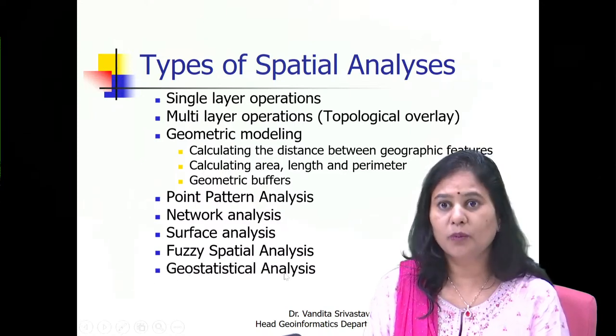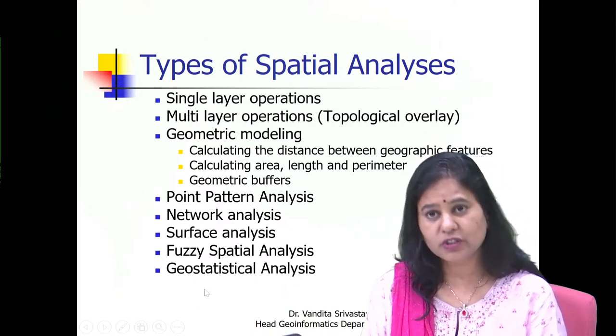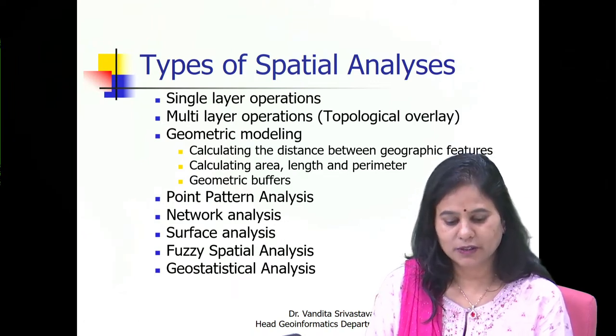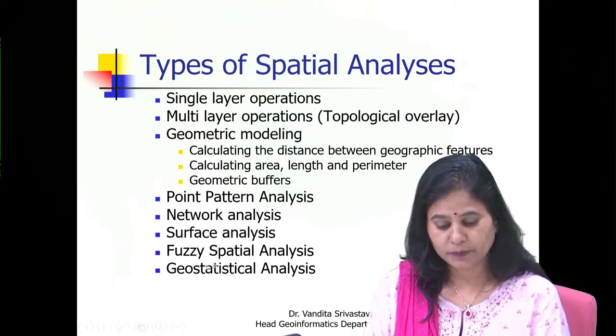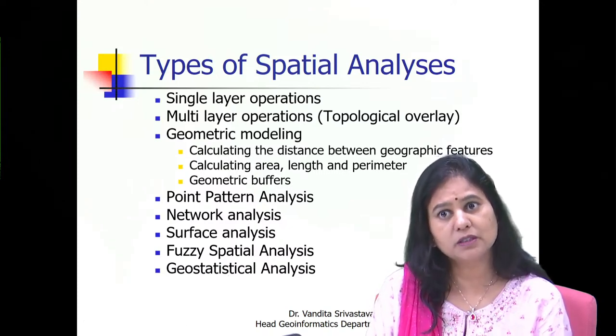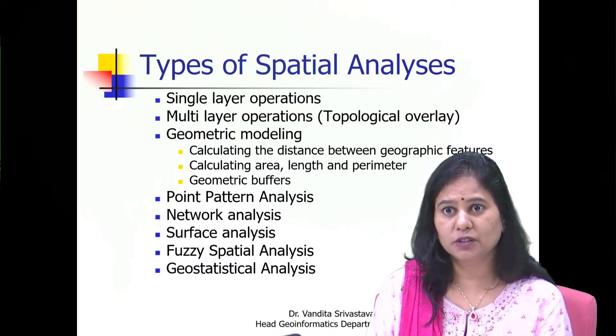Then you can perform geostatistical analysis, which is not based upon classical statistics which we usually use in our calculations, but it is based on the theory of regionalized variables that was proposed by Georges Matheron, a French mathematician.